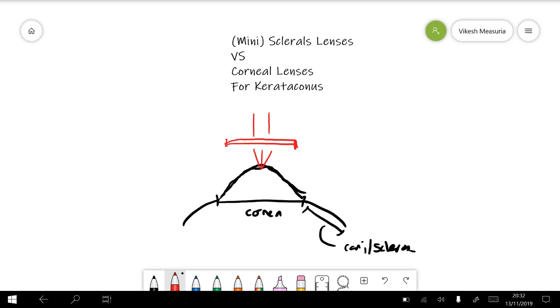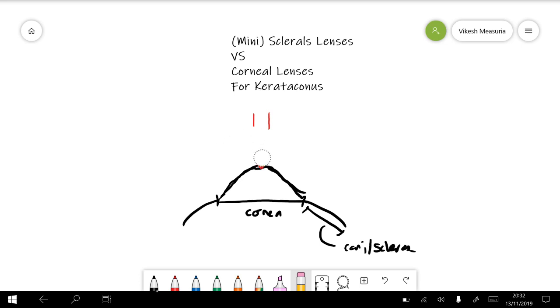Keratoconic patients can't get a clear visual image because of this irregular surface. So it's difficult with glasses, and therefore we have to fit some kind of contact lens to compensate for the fact that this cornea is a little bit irregular.